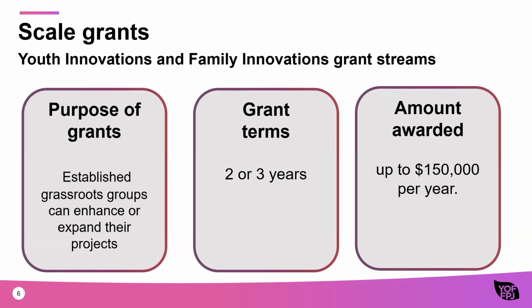Grant terms are 2 or 3 years long, and the amount that can be awarded is up to $150,000 per year. Please note that if your group has an active grant with the Youth Opportunities Fund, you can only apply when you are in your last year of the grant.